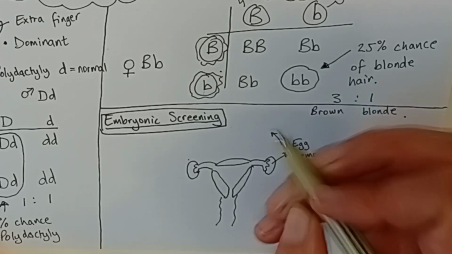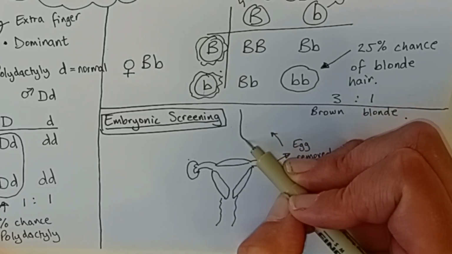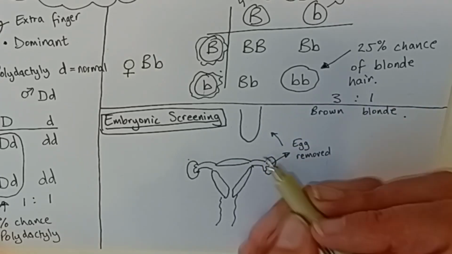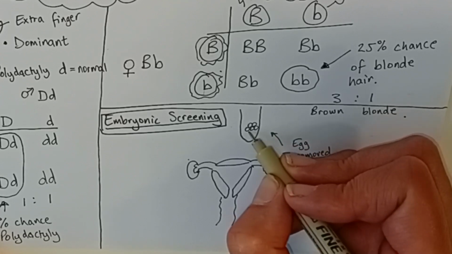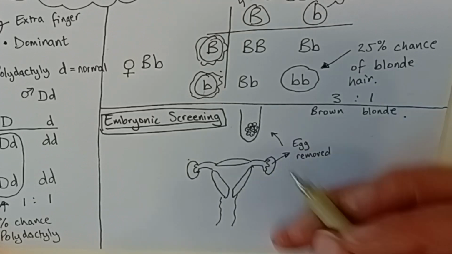It then needs to be fertilized, and this is done in a tube. So we put the egg in the tube, we put some sperm in, and we let it grow into a ball of cells, an early embryo. So there's our early embryo.